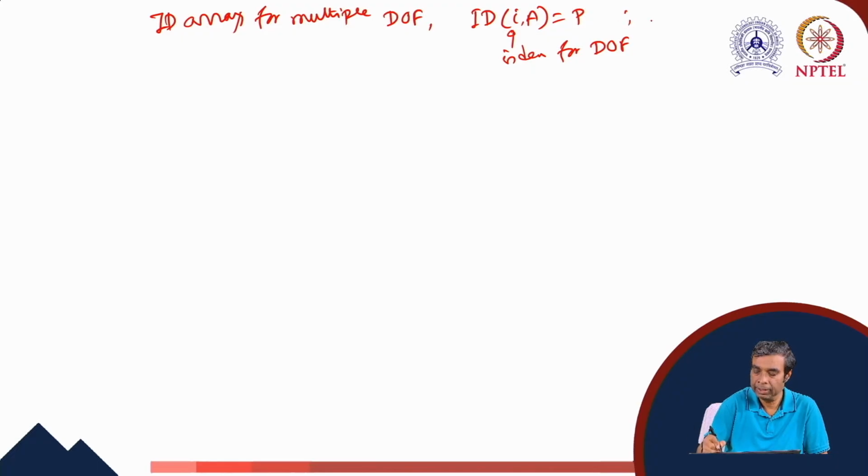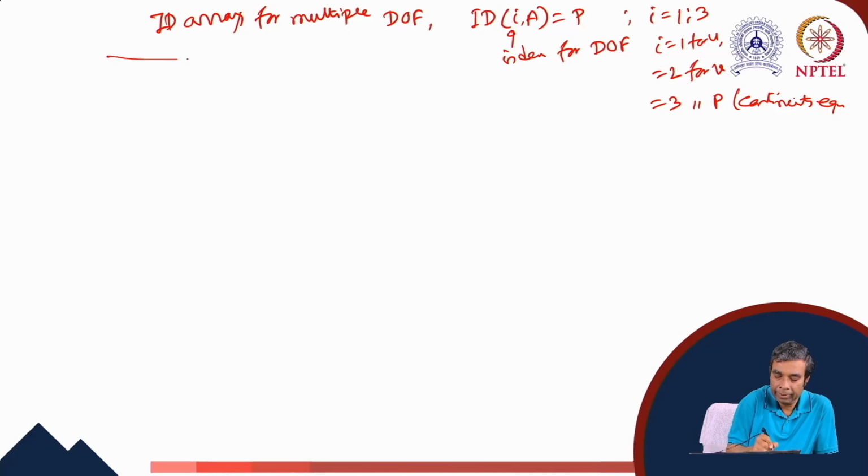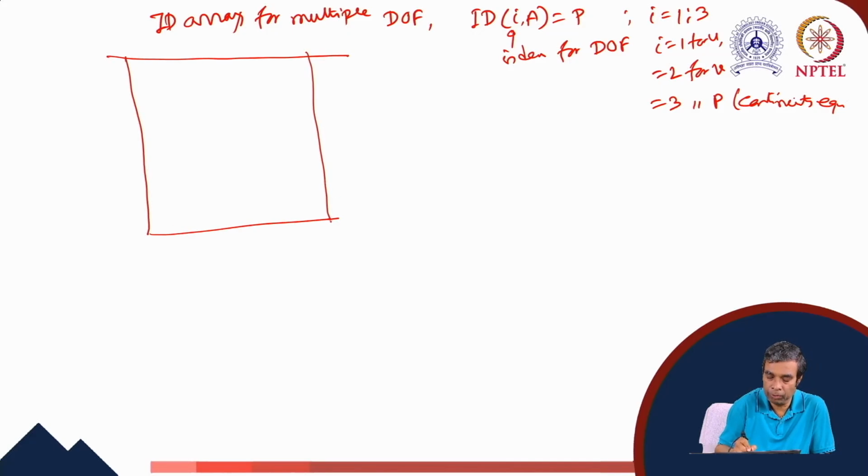For this case, our i varies from 1 to 3. i equals 1 for U, i equals 2 for V, i equals 3 for pressure. So we are giving the indices i for the x momentum equation, y momentum equation, and the continuity equation. So now we again require the mesh for doing the numbering.